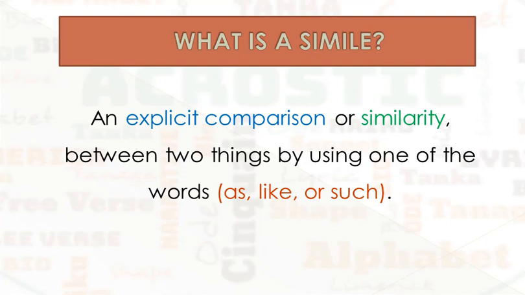For example, your face is like a sun. Here we are comparing the face to the sun, meaning that the face now is shining like a sun. So here we have simile, similarity.